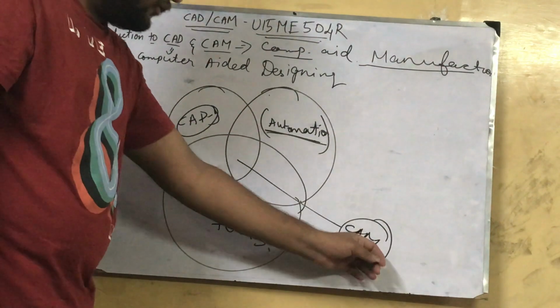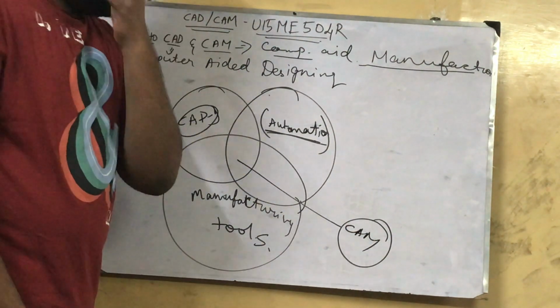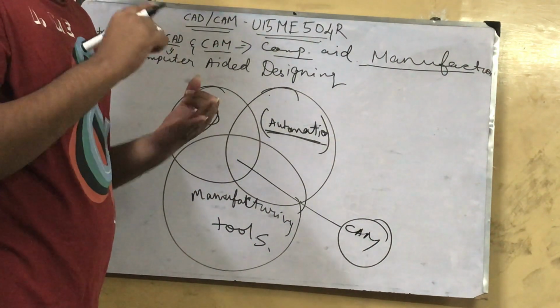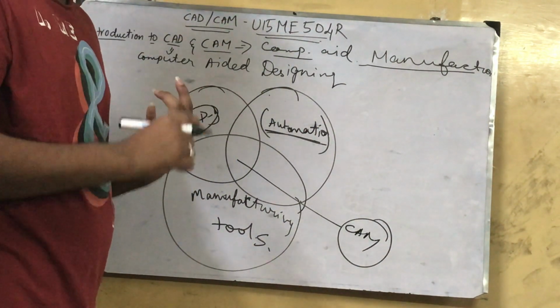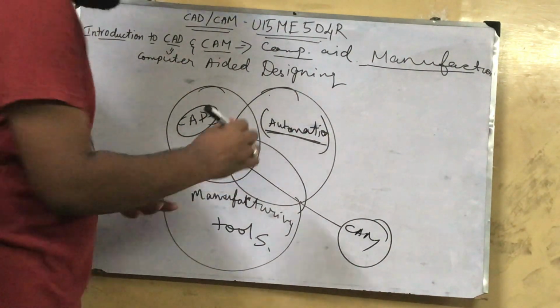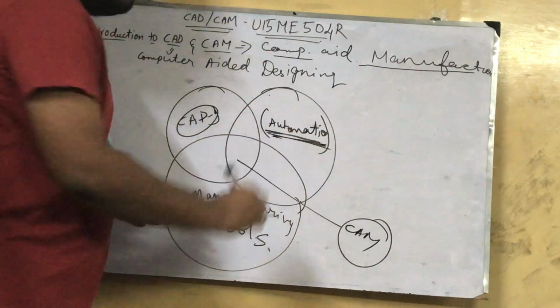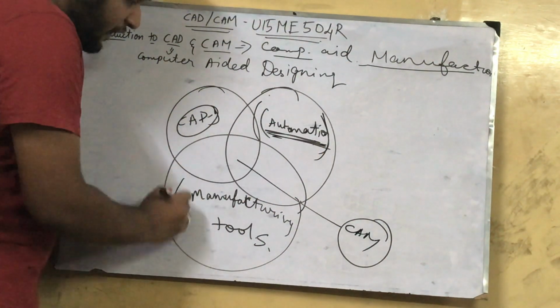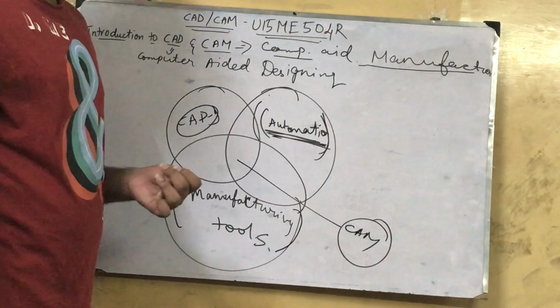In the CNC we need our codes, our dimensions and codes, and the x-axis, y-axis ratios to make this an automation one. That's what the automation part takes place, and we also have our manufacturing tools required.